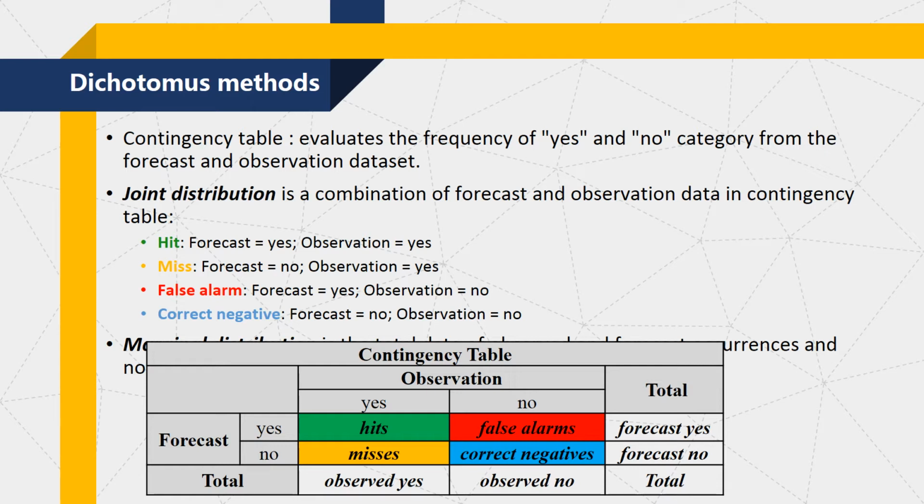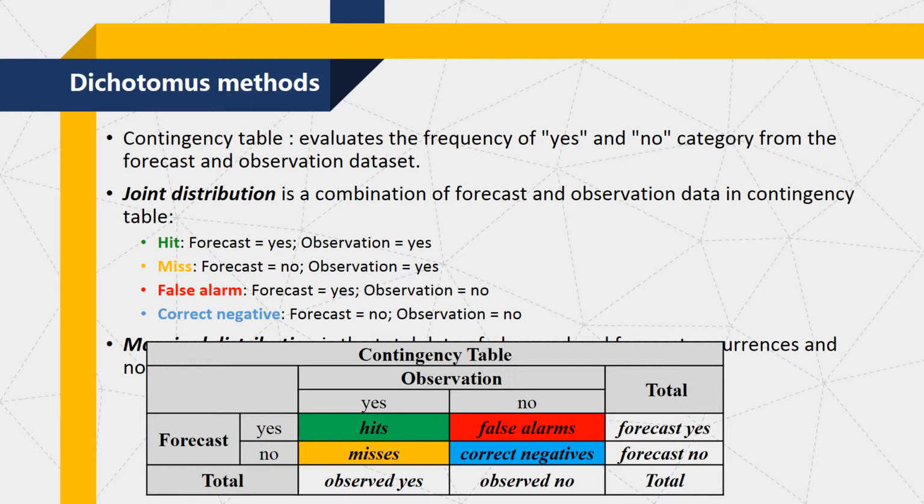In many cases, this dichotomous method is used to verify the existence of phenomena such as the existence of rain, fog, convective cloud, and etc.